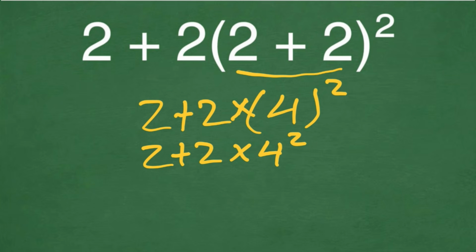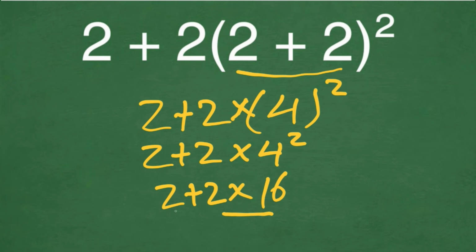So which one should we solve first? Of course, the power, right? The exponent is going to be the next priority. So 4 raised to the power of 2 is going to be the next thing to solve, and that gives us 16, right? So the problem becomes 2 plus 2 times 16. And now we have to do the multiplication before the addition, right?